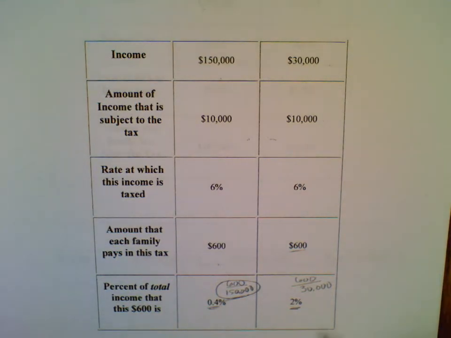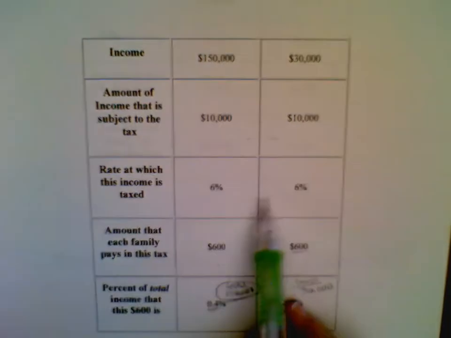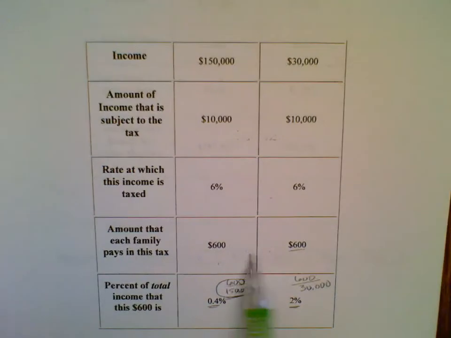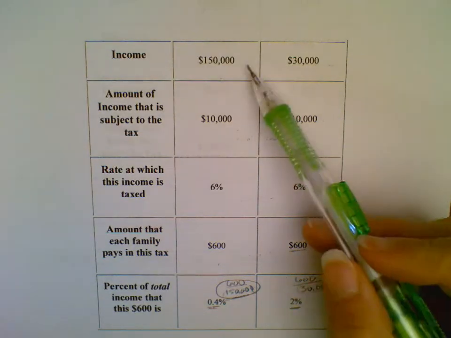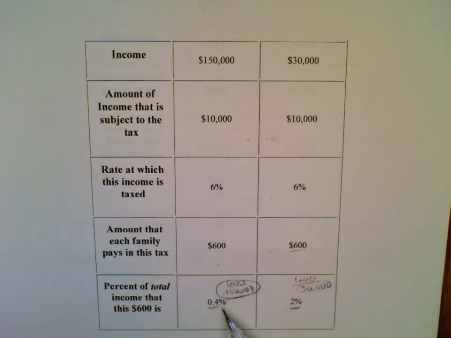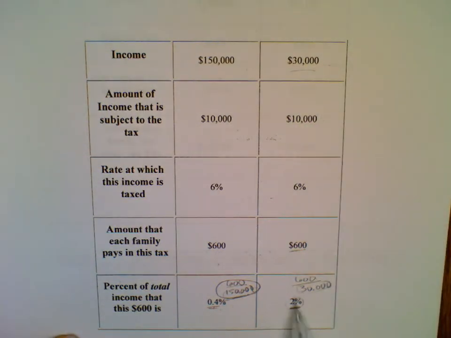In this example, if both families are buying the same exact things, paying the same percentage, paying the same dollar amount, that does not equal the same share of your total income. It's only 0.4%. So the person with the higher income is actually paying a lower percentage of their total income towards that tax, and that's why it's considered regressive, because the person making the least amount is paying a higher tax than the person making more.